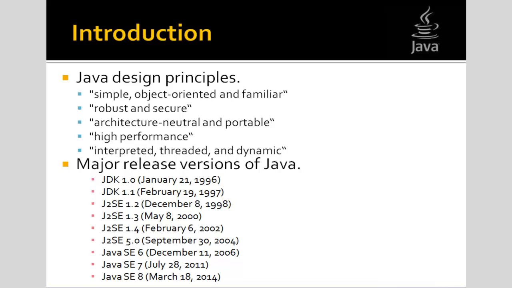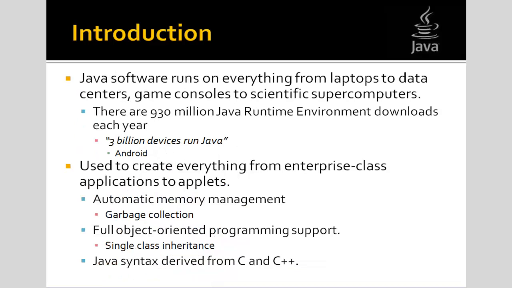There have been significant advances over the years since Java was first introduced as the language has developed. The latest version is Java 8, which was just recently released. Java is everywhere. It runs on everything from our laptops, tablets, and phones, to the data center, game consoles, and even supercomputers.